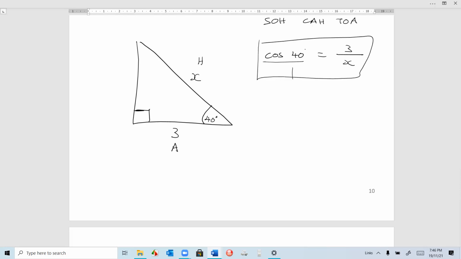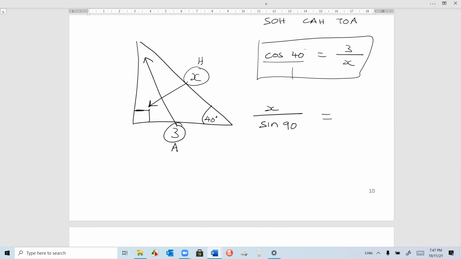That's a simple illustration. Some people actually use the sine rule on this, and the sine rule works quite simply. You take the side, which is X, over the sine of the angle, and the angle there is 90, which is equal to the other side, which is 3, over the angle opposite that, which we don't have.